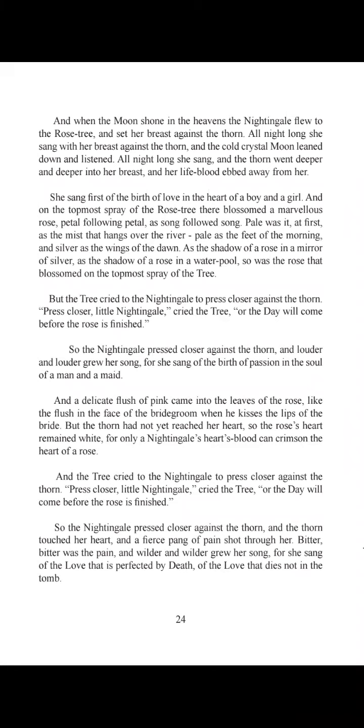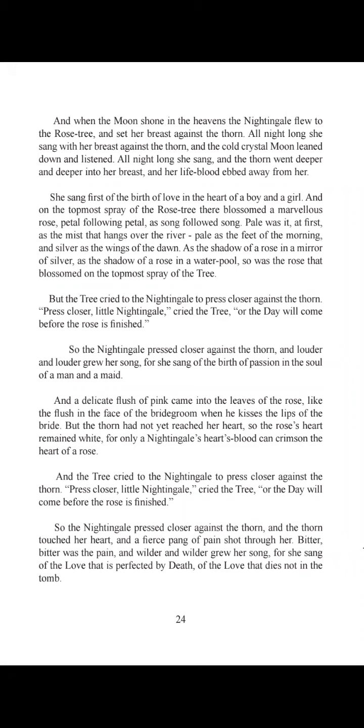All night long she sang, and the thorn went deeper and deeper into her breast, and her lifeblood ebbed away from her. The blood came out and flowed into the veins of the red rose plant, and the blood of the nightingale went away from its body. Ebb means moving away. She is getting gradually weaker. Now the nightingale has not much strength.